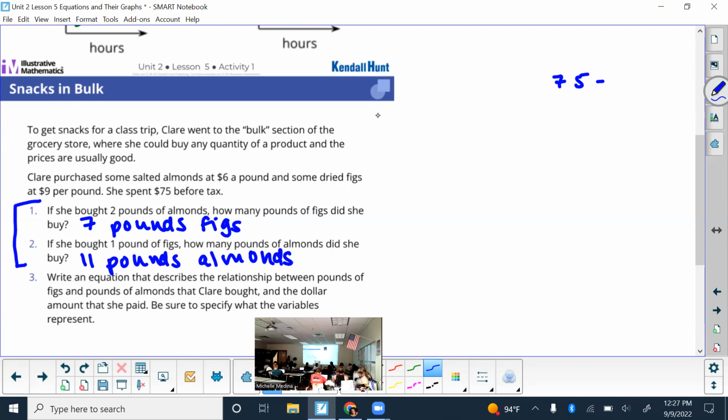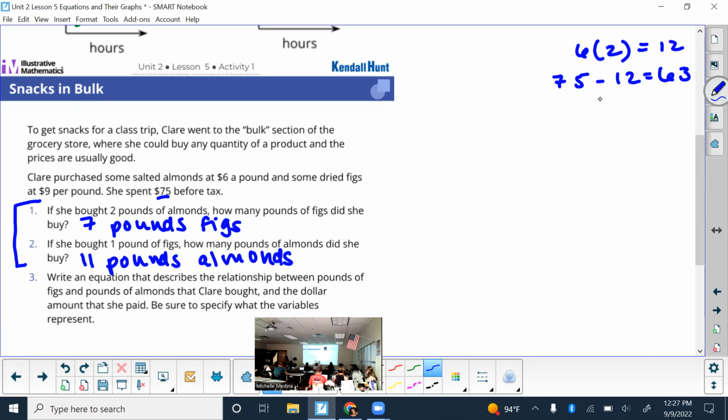So I know where you got the 75 from. Where did you get the 12 from? So you did 6 times 2, because you got 2 pounds at a rate of 6, so you multiply them together. So that's how you got the 12. And then what's 75 minus 12?